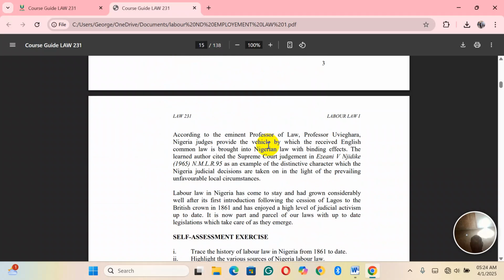According to the eminent professor of law, Professor Vigara, Nigerian judges provide the vehicle by which English common law is brought into Nigerian law with hidden effect.